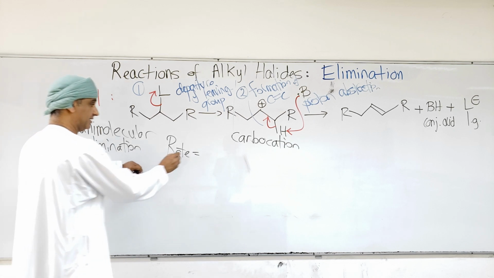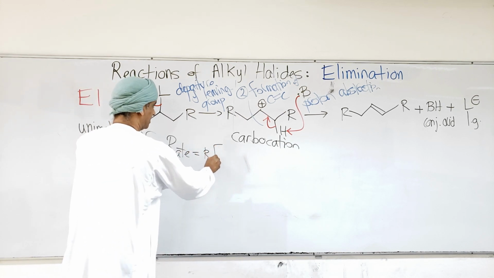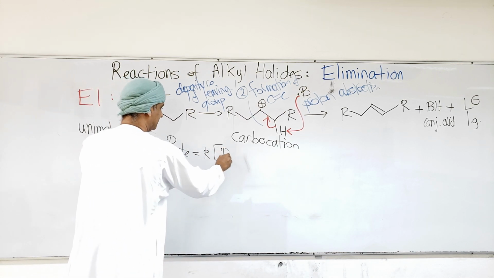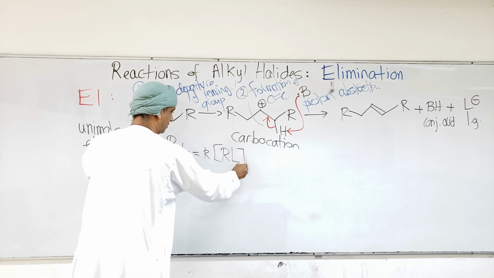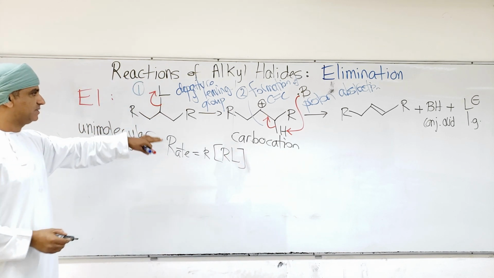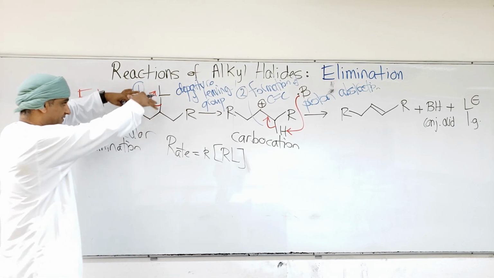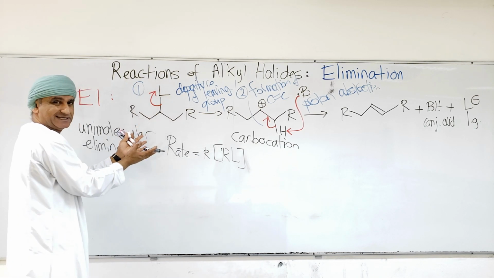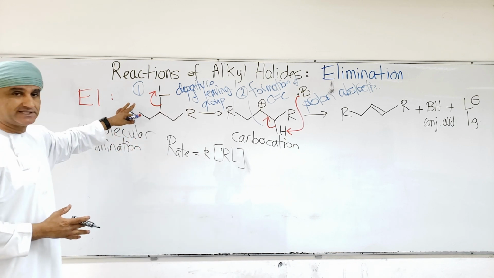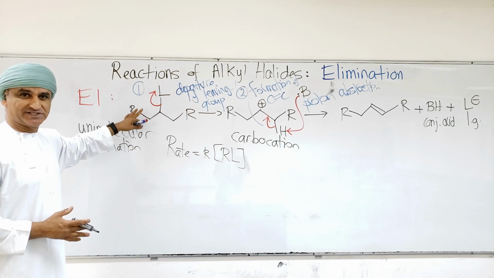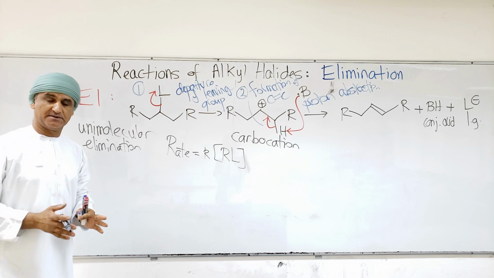It is also first order because the rate of the reaction now, this is also similar to SN1, by the way. The rate will depend on the concentration of only the substrate or the alkyl halide, because that's what happens first, departure of the leaving group. So the concentration of the substrate here is more important, and this is what determines the rate of the reaction. Step one is the rate determining step.